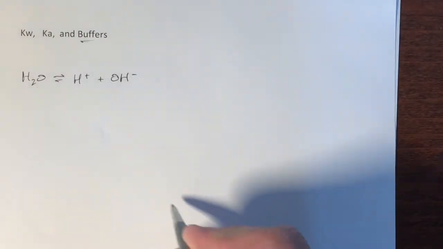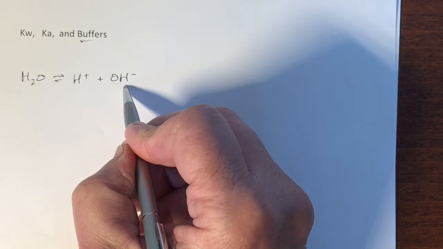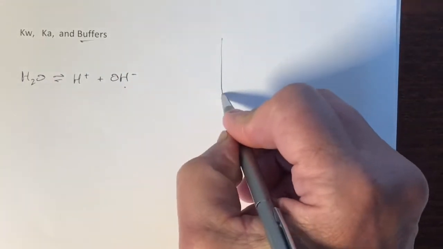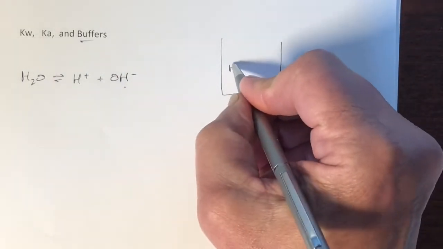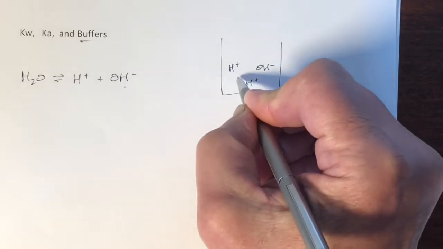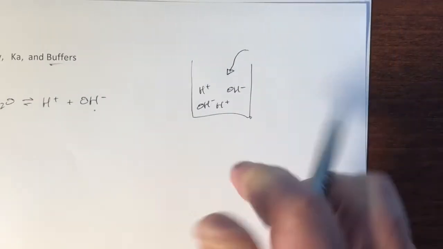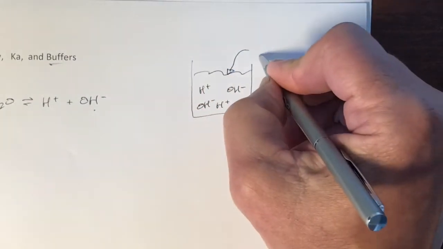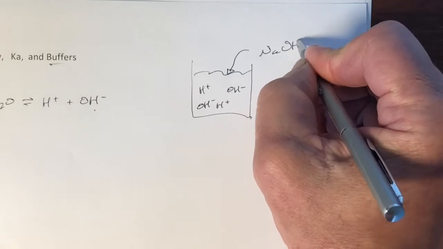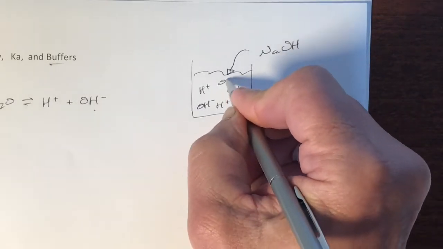All right, what this means is that if I add more hydroxide, so if I add sodium hydroxide to a solution, and here's my beaker of water, and I have some H+, and I have some OH-, and some more H+, and some more OH-, and I add in a bunch of sodium hydroxide, that's going to cause the hydroxide ion concentration to go way up.